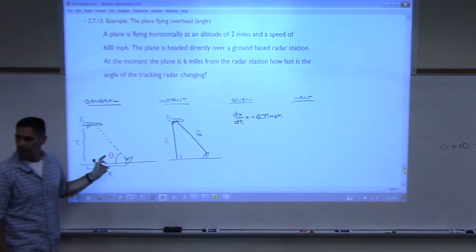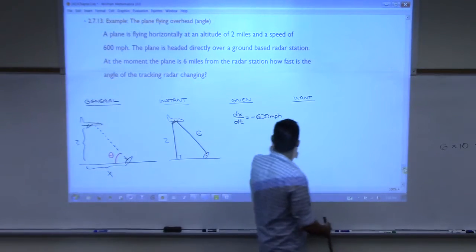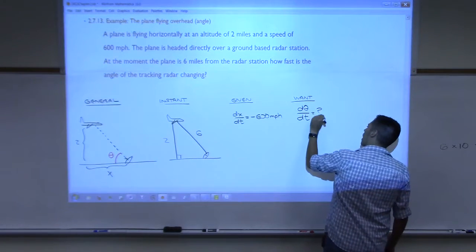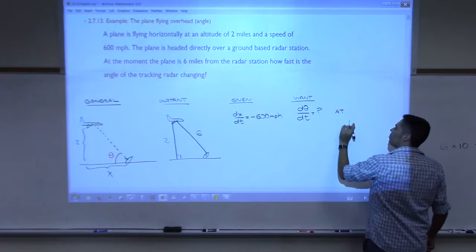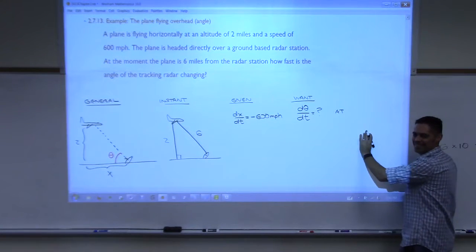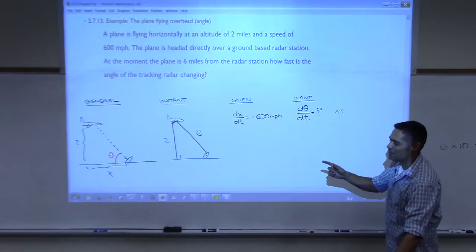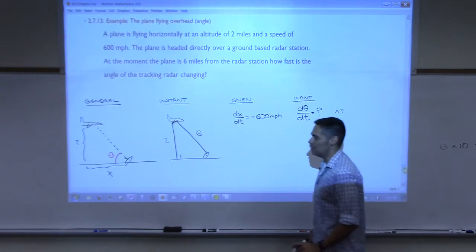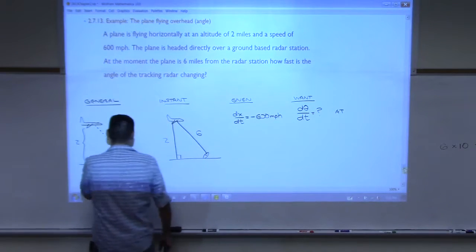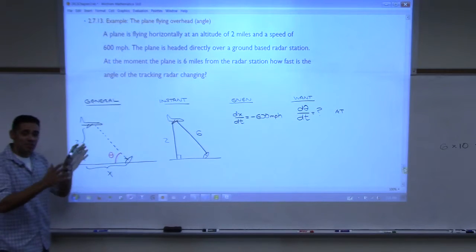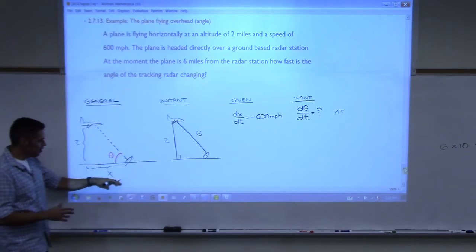That's a variable, right? At exactly what? At 6 miles. But we haven't labeled it, have we? We can call it h. Since we just did the problem before it, we're using the variable x.